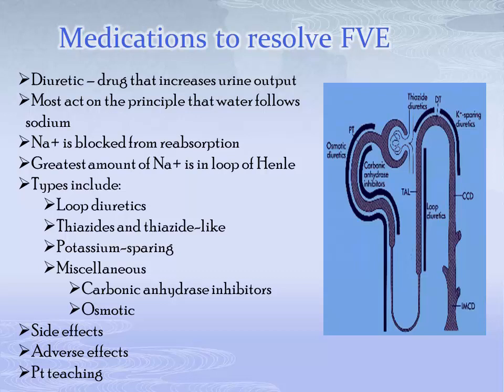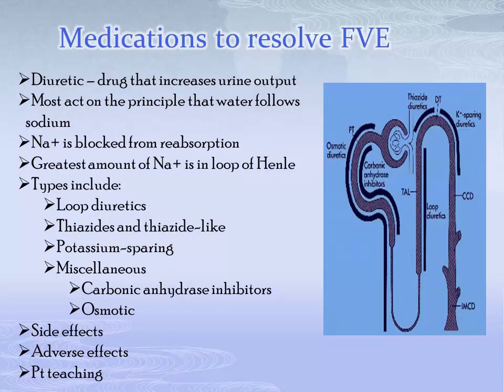So side effects, if you think about it, you can probably figure out what the side effects are, because your side effects are related to their action. So what is their action? They're getting rid of fluid. And what is the result of that? Well, initially they're getting rid of salt. That's their primary action, but we give them to get rid of fluid.